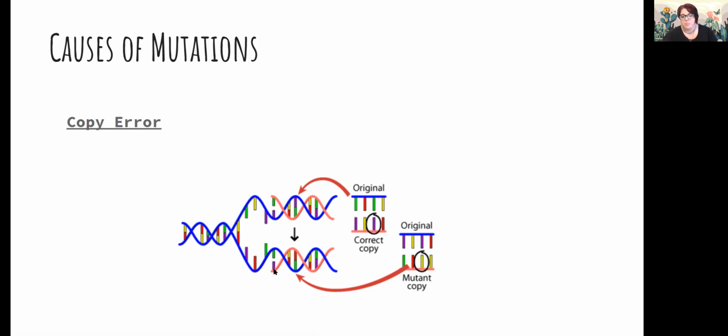Okay, so you get a copy, and they should be identical because you're making them off of the original strand. But a mutation would be basically a mistake. Somewhere when the enzyme was putting in the bases, it put in the wrong one. Often our cells will correct this, but if it doesn't, it can be a mutation that could potentially be passed on.